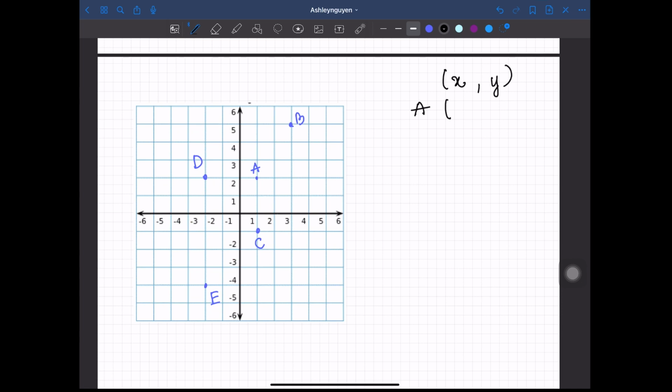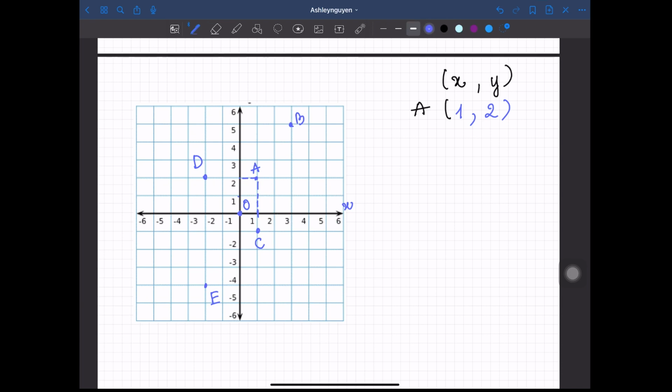For the x coordinate, you start from the origin and stay at point A, moving along the x-axis to the right. A has the x coordinate at 1, and for the y coordinate, move along the vertical line starting at the origin, 1, 2. So A has the y coordinate at 2, so the coordinate of point A is (1, 2).